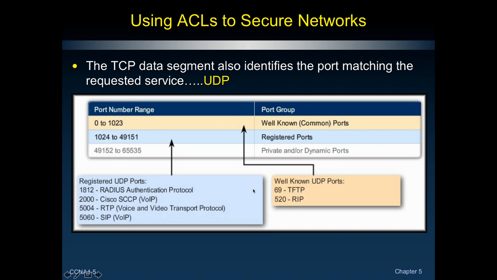So we have two kind of ports here, which is TCP port and also UDP port. So the port range is from 0 to 1023, but not every ports can be used because some of the ports is reserved to certain protocols, which I will show you later on in this class.